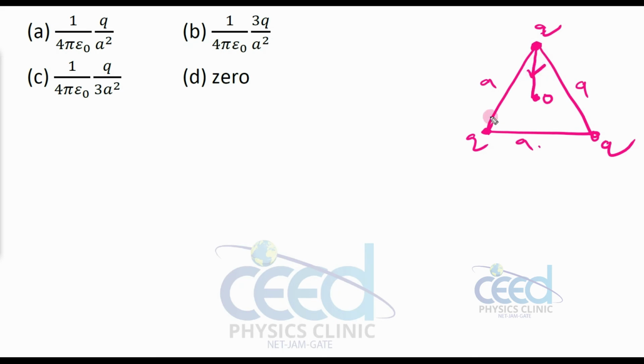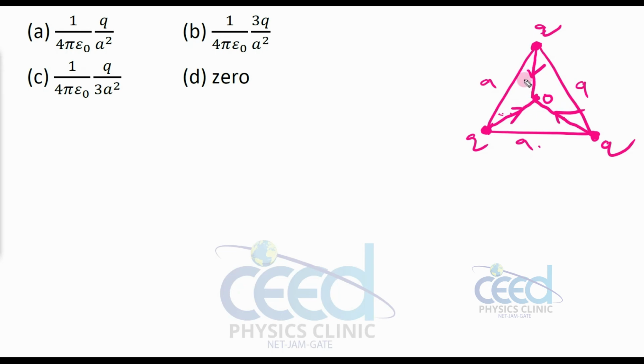And from this charge also, the field is coming to this point. If I consider all the identical positive charges, the field is coming like this. So due to these two, what will be the effective electric field?